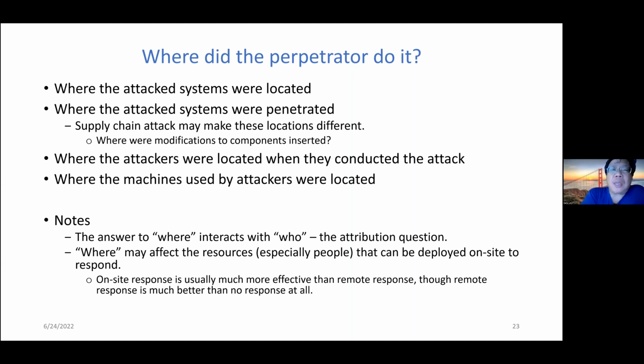It can be where the attack systems were located, or where the attack systems were penetrated. How can those be different? For example, if there's a supply chain attack, your computer arrives on the loading dock and somehow gets into your hands. But that computer has been through many different things. Somebody was a final integrator of parts.